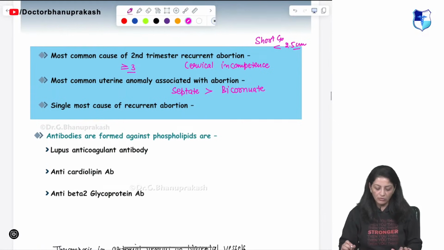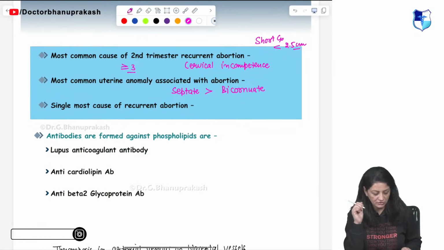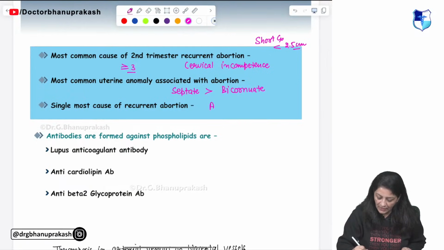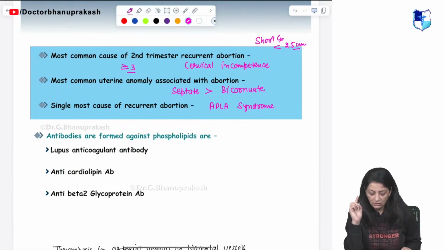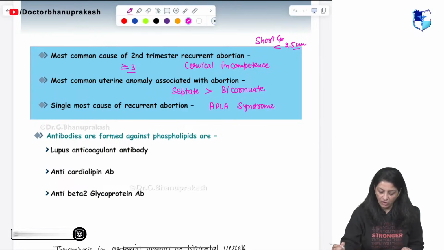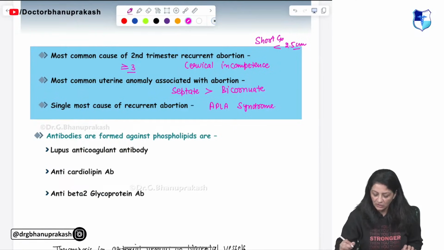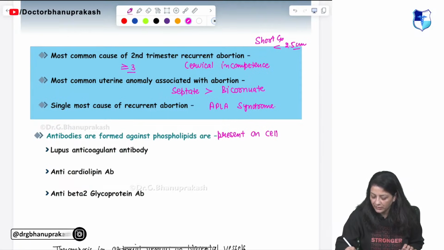So what is the single most common cause of recurrent abortion? APLA syndrome, antiphospholipid antibodies. This is one of the most common single causes of recurrent abortion. Antibodies are formed against phospholipids which are present on the cell membrane.